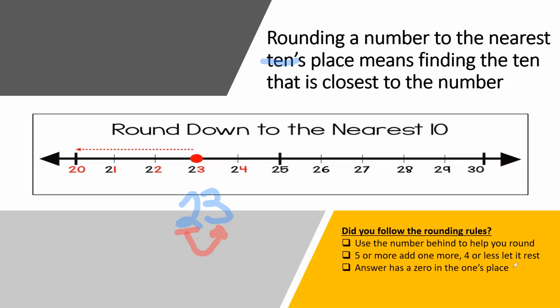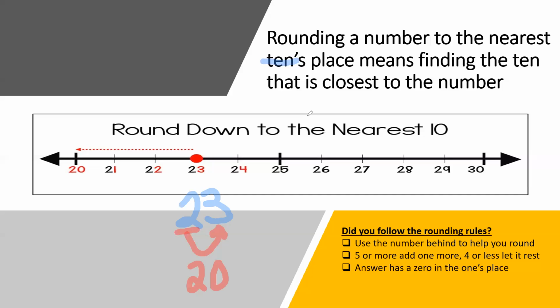So 4 or less, let it rest. Means we're going to let it rest, which means you're not going to add 1 more. We're going to go down to 20. So we're going to put 2 with a 0. The third rule, answer has a 0 in the ones place.